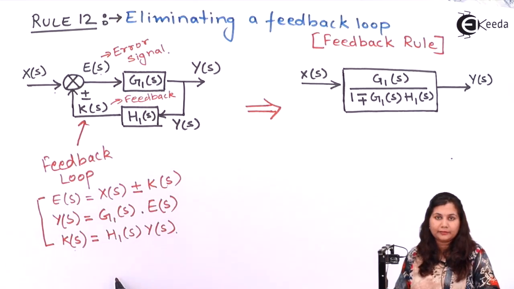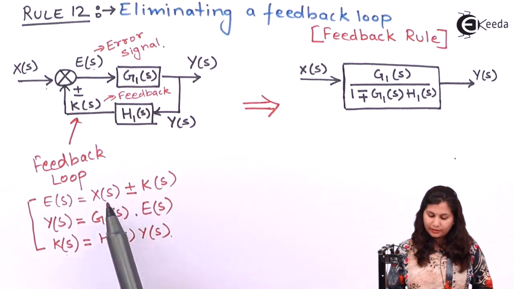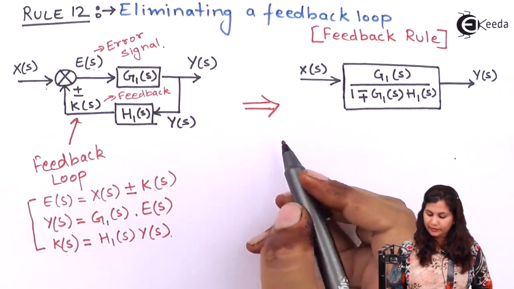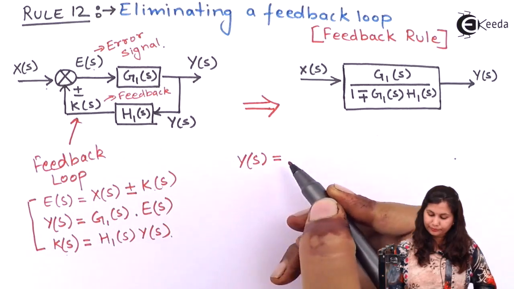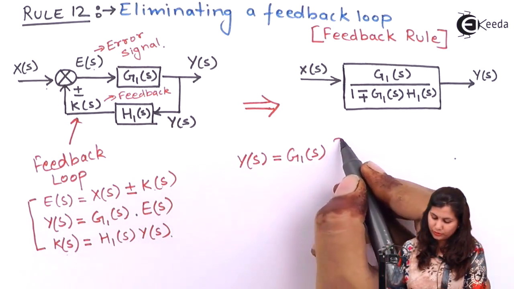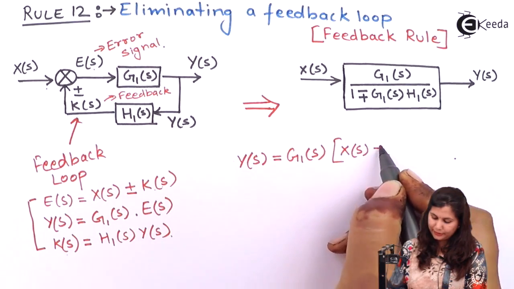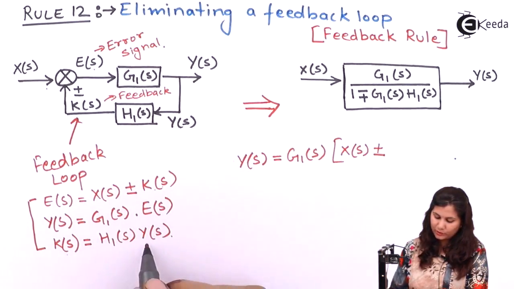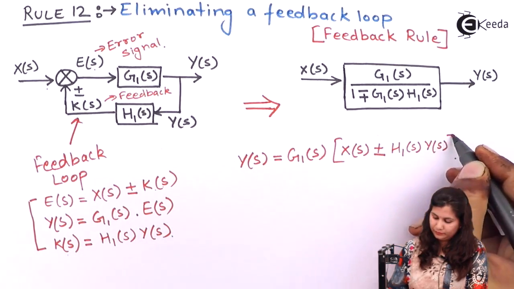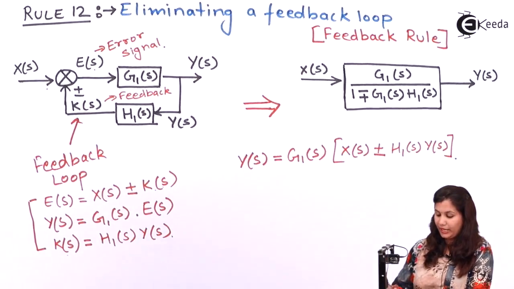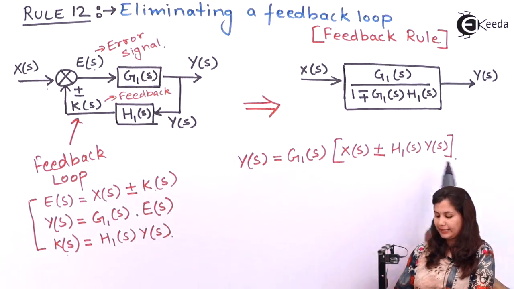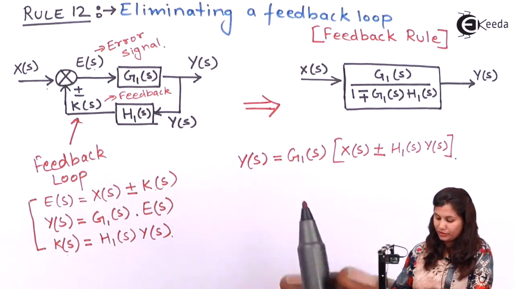So what we will get: Ys is equal to G1s times Es, which is Xs plus minus Ks, which is H1s Ys. So we have got the equation in terms of Ys, G1s, Xs and H1s. Let's solve this equation.